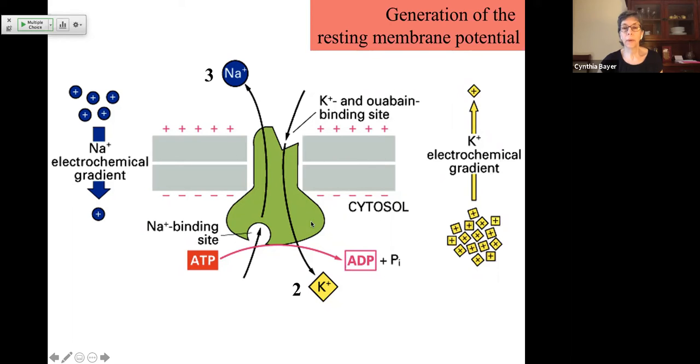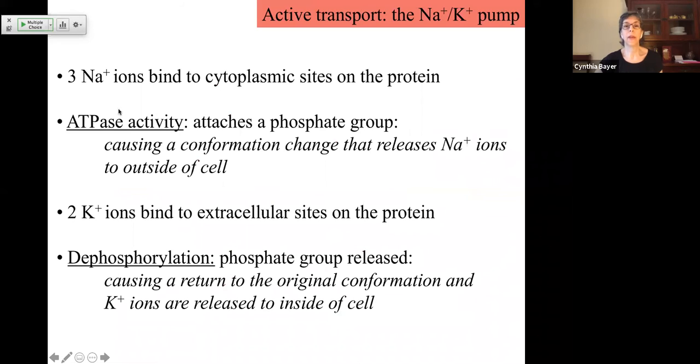So we're going to take a look at our pump, this protein in the membrane that will actively transport these ions to opposite sides via the hydrolysis of ATP. So ATP, the energy resource, is absolutely required for this pump to function. How the pump works is that it will bind 3 sodium ions on this cytoplasmic side of the protein, which will cause a change to the shape of the protein that will activate its ATPase activity.